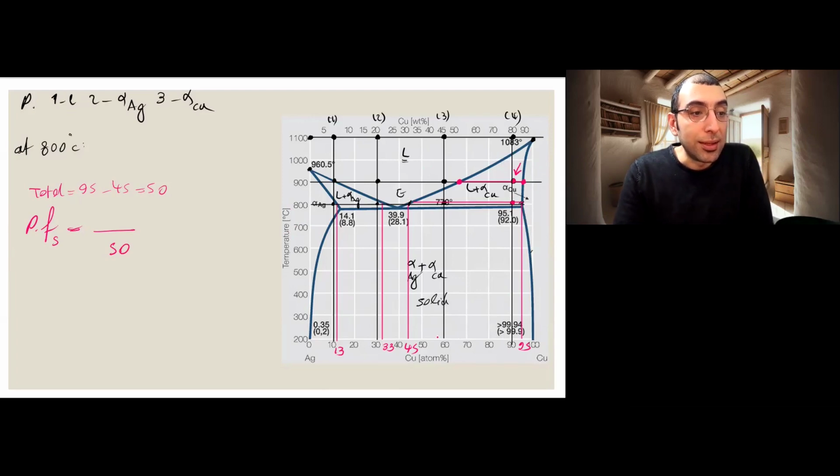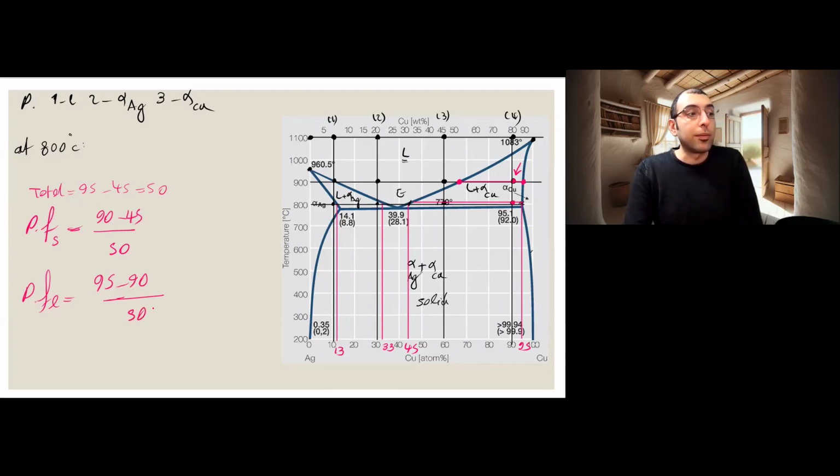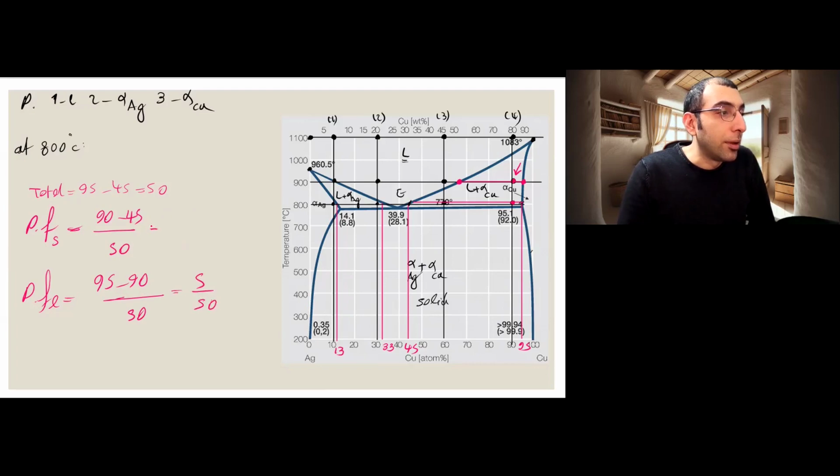So this is 90 minus 45. This is the amount of solid that we have, and phase fraction of your liquid is where it hits the solidus line. So it's 95 minus 90 to 50. So that's the amount. So this is 5 over 50. This is obviously 45 over 50.